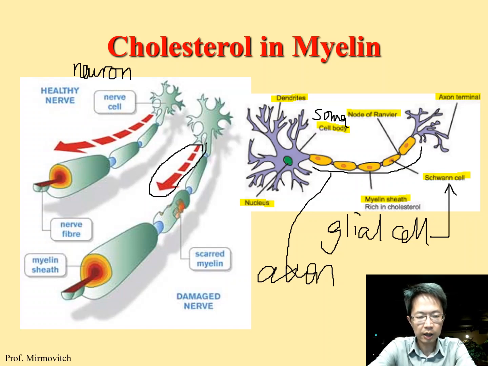When you have healthy myelin, then the signal can go through easily. When you have healthy myelin like this one, or this one, or this one, then the signal can go through quickly. When you have damaged or scarred myelin, then the signal will not travel quickly.